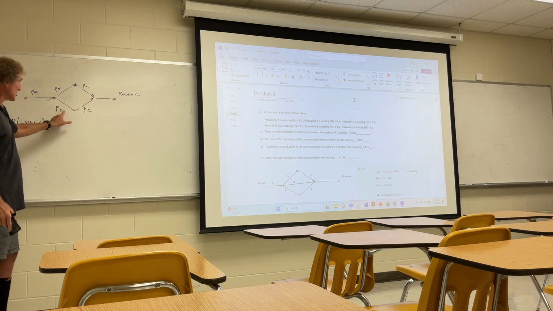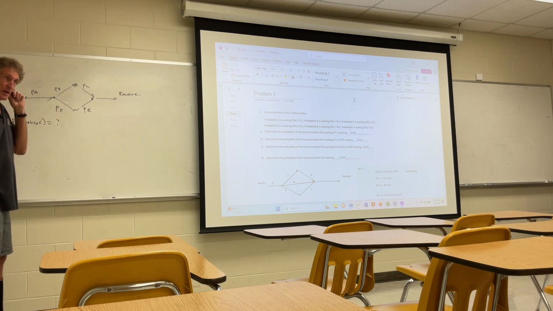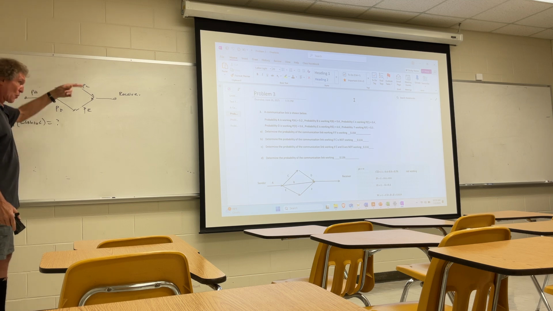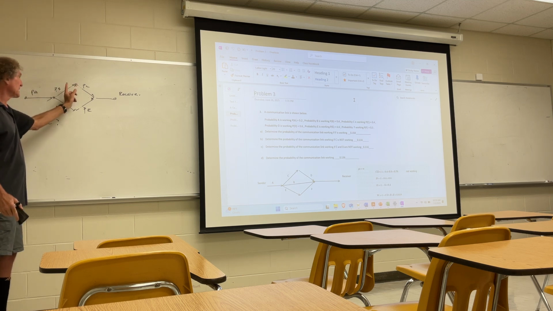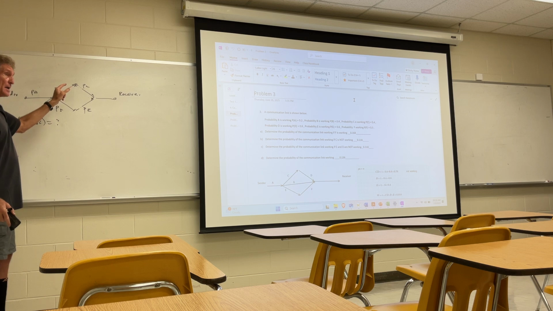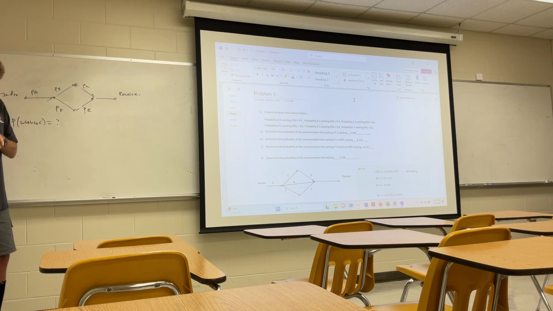And the probability of this times this would be the probability of the second one working, right? And then if I took 1 minus the quantity 1 minus PBC times 1 minus PBE, I would have the probability of that working, right? Multiplied by PA, I would have the probability of this system working. Do we agree with that?